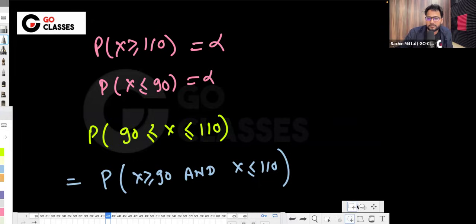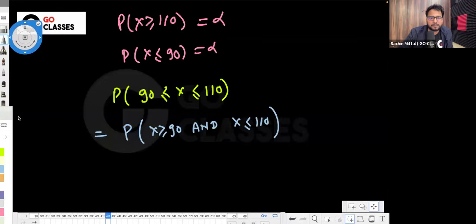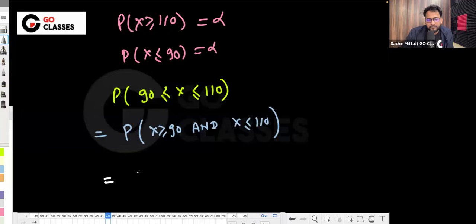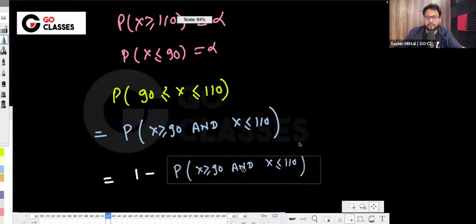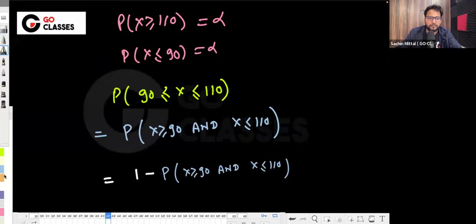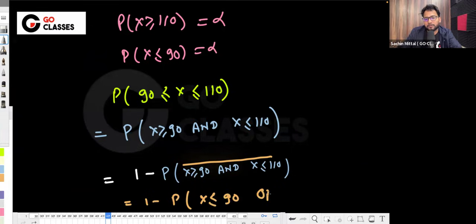You can write this same as 1 minus the same thing but complement of this, which is same as 1 minus probability of x less than or equal to 90 or x greater than or equal to 110, right?